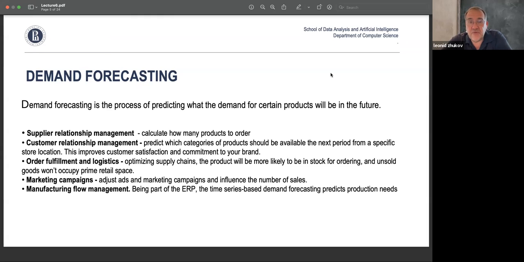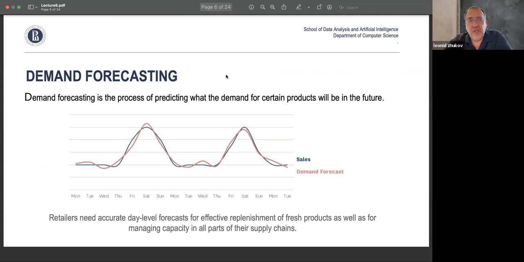If demand may be through the roof, you might not need to spend that much money on marketing, or if you see the demand is decreasing, you might actually kick in. And of course, within production, you also need to understand how much stuff you need to produce, right? So this whole supply chain is based on demand prediction, and the better the demand prediction, the more money that a retailer can make.